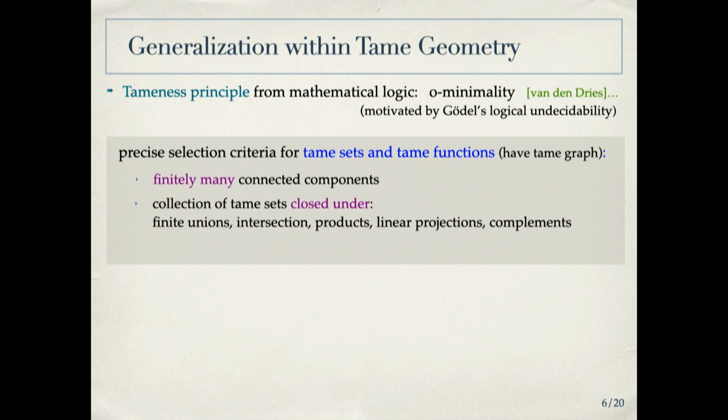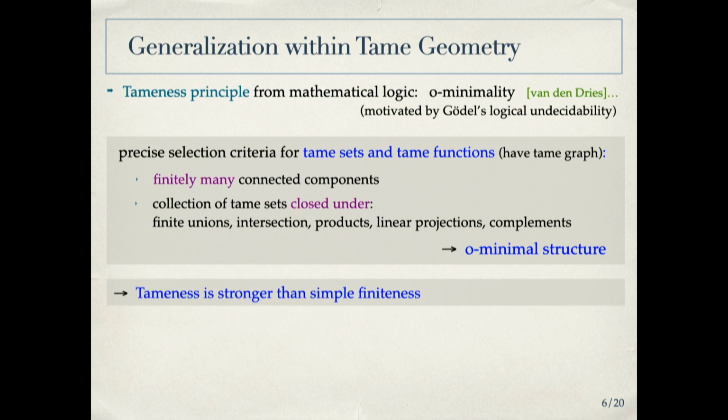But this property really becomes strong if you impose that the collection of these tame sets is closed under set theoretic operations. For example, the intersection of two tame sets should again be a tame set. And therefore, this collection we will now call an o-minimal structure.